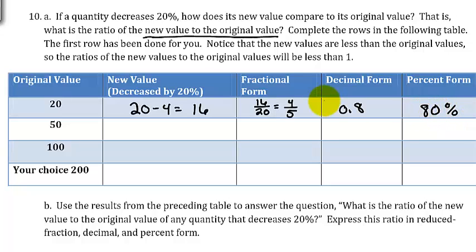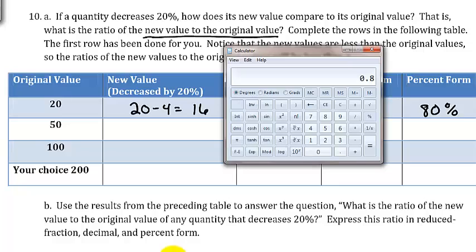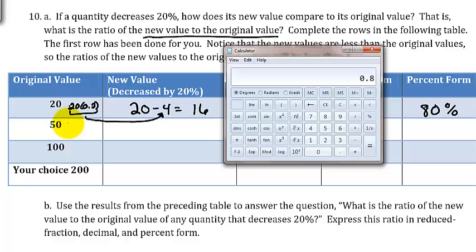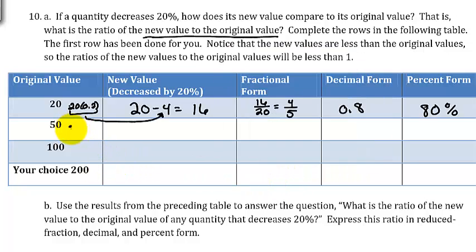Okay. So now do the same thing for 50. To calculate the amount we need to take off of the 50, we do the same thing: 50 times 0.2 for 20%, and we get 10.